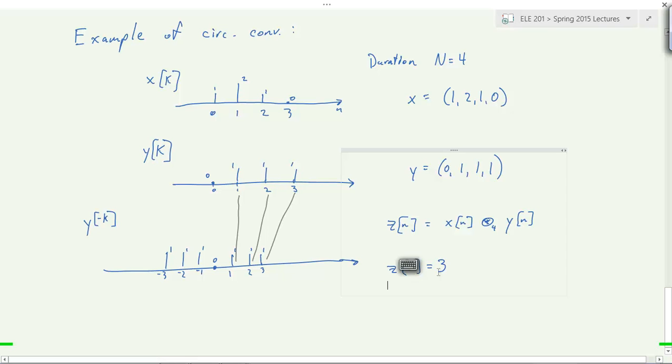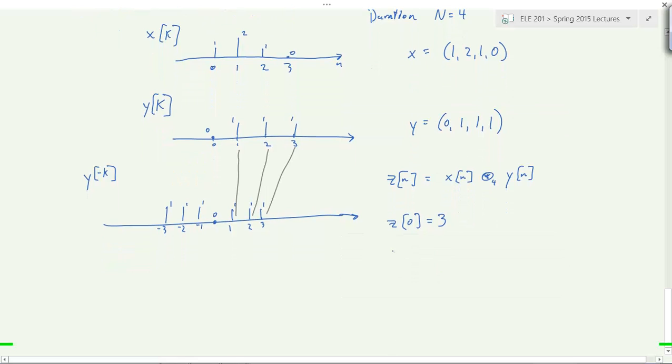Then we want to calculate z[1]. What we're going to do is shift this whole thing to the right by 1. So we're going to get 0, 1, 1. This is at the indices 0, 1, 2, 3. Of course, then 1 shifts in from the left there.